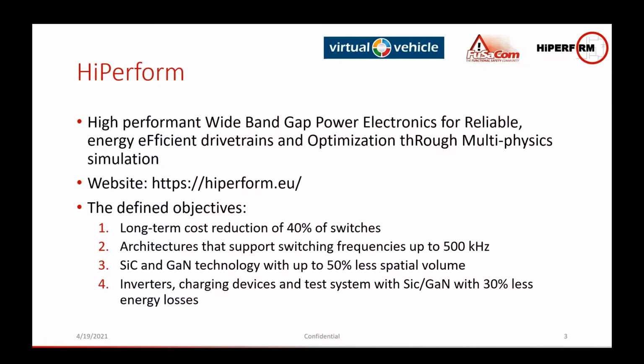HiPerform is high-performance wide bandgap power electronics, and I think this is the main motivation of the whole project. It is a property of a semiconductor.